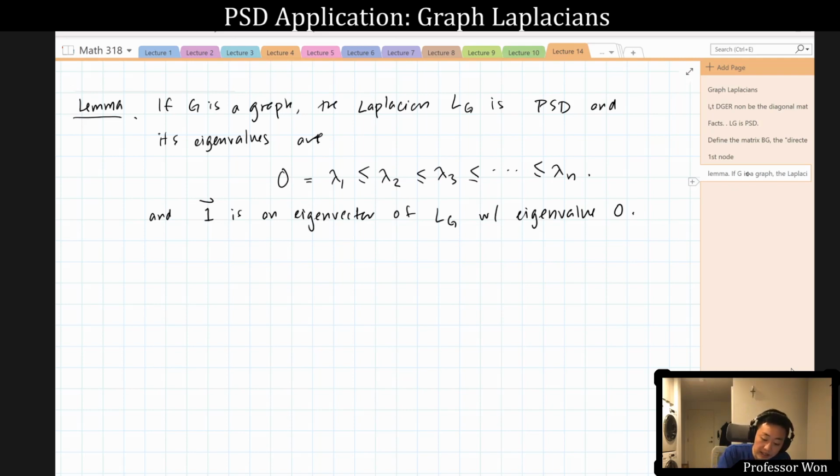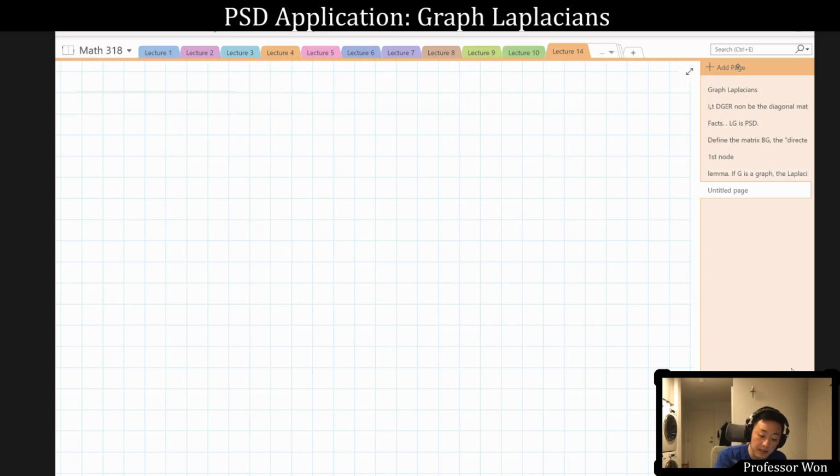And we know that since LG is positive semi-definite, that means that its quadratic form is always non-negative, right? Since LG is positive semi-definite, the quadratic form is greater than or equal to 0 for all x in R^n. And it turns out that we can actually understand it explicitly for the Laplacian. Here's the proposition.